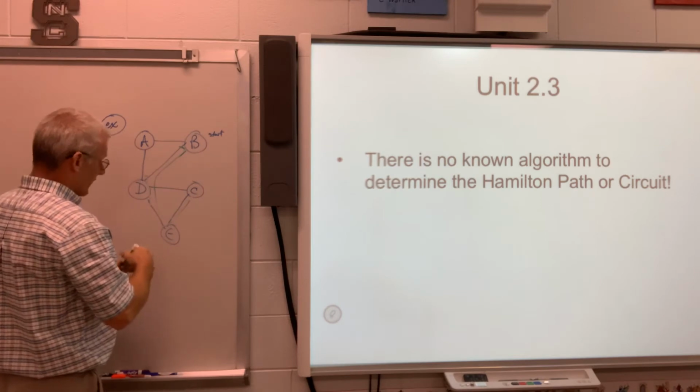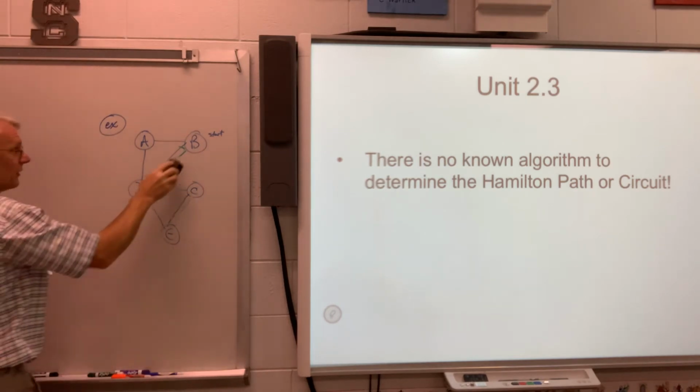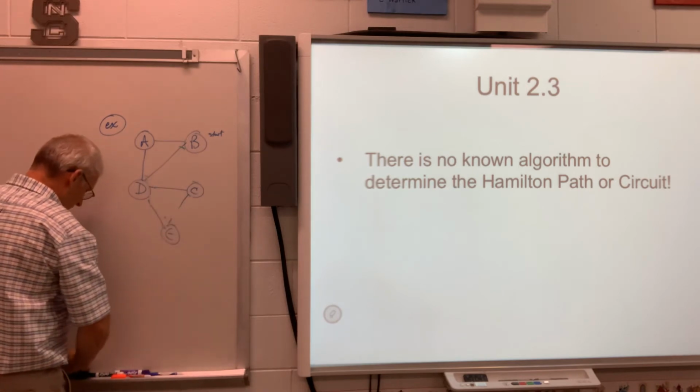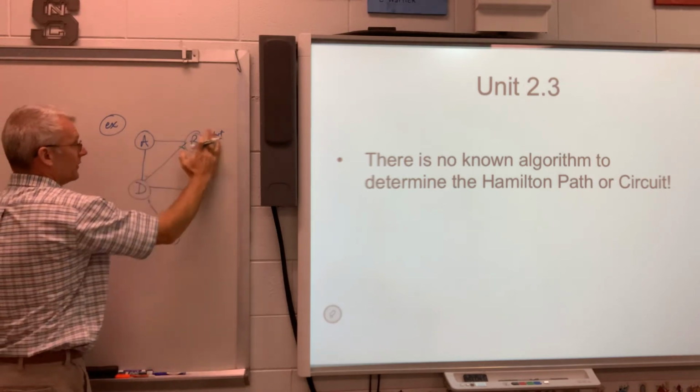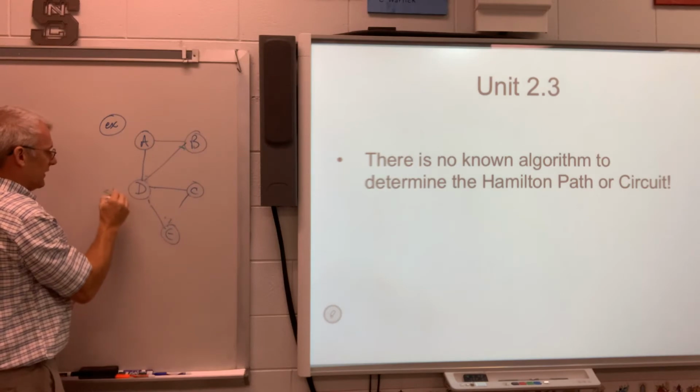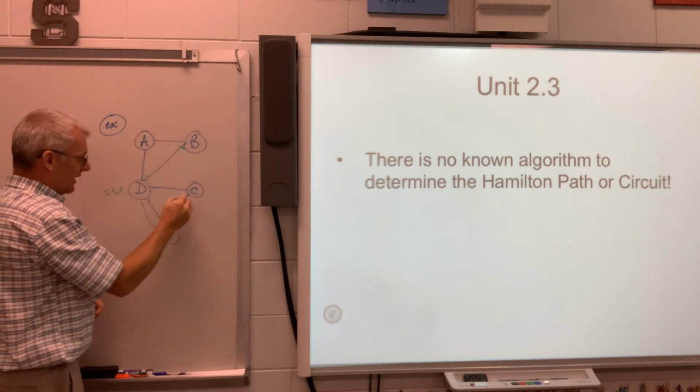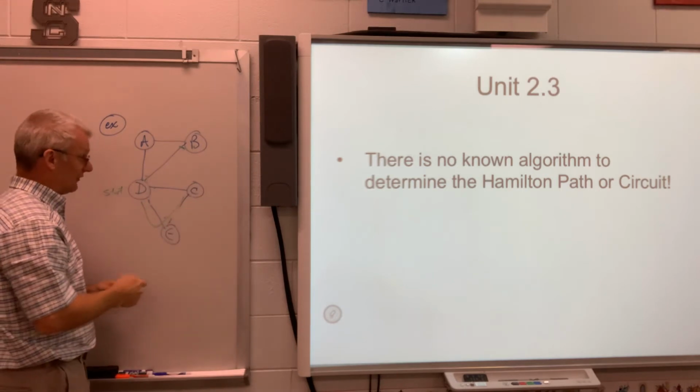So it looks like this example right here is going to be a Hamiltonian path, because if I start at a spot, well, let me just change spots. What if I start at D? Start at D. Well, if I do that, then I can't go to C and then back.